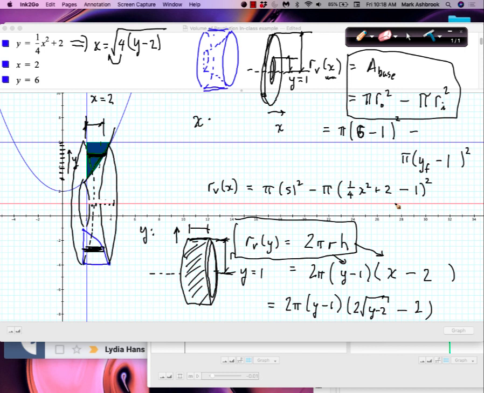Okay, other questions? Okay, so let's write down the two accumulation functions. We'll call this V1, so V1 is when we do it in terms of x, and V2 in terms of y. Go.